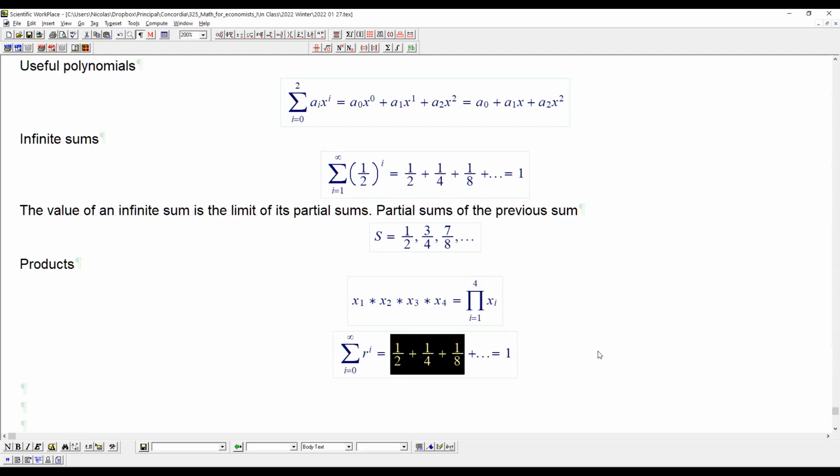And it's equal to r to the 0 plus r to the 1 plus r to the 2, and this is going to be equal to 1 over 1 minus r, for r smaller than 1. And you can see for yourselves why this is the case. If not, I'll show you next class.